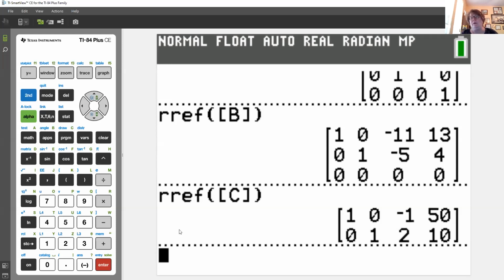I can solve for y from the second row of this matrix, and I can solve for x from the first row of this matrix. And I'm going to do that and write this as an ordered triple depending on z. All right, so let me write this down so you can see it when I share it.